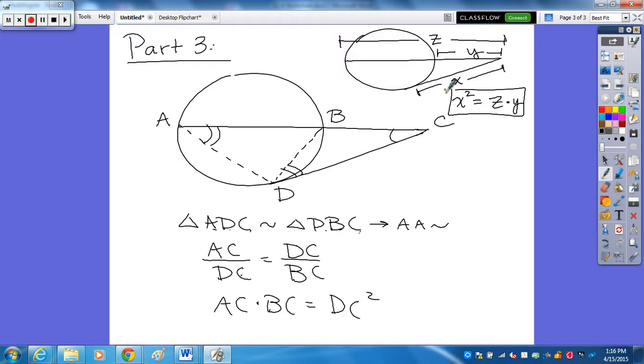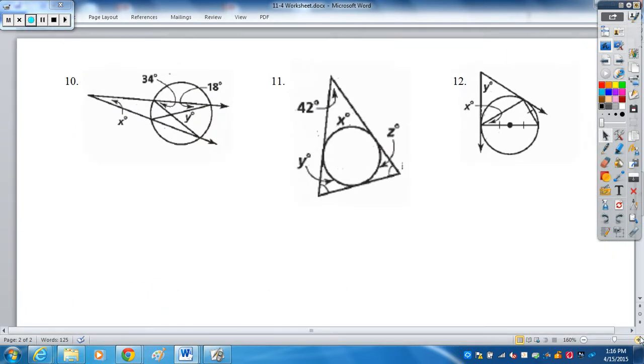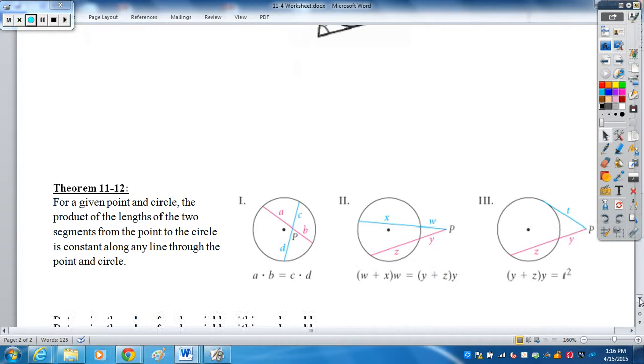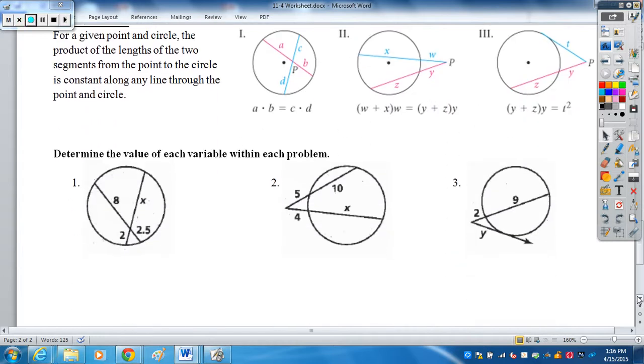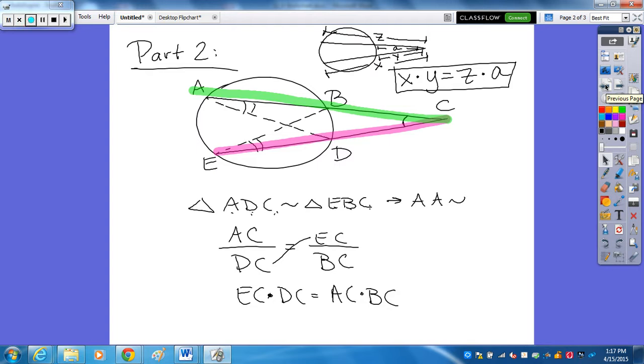So, taking a look at the worksheet here, let me make it bigger so we can see everything. You'll notice Theorem 11.12, you've got all the formulas set out for you right there. Okay? Now, if you go back to my original proof right here, I use just X times Y, the whole length times the outer part, is equal to Z times A, the whole length times the outer part.